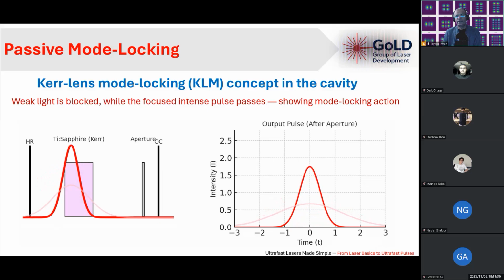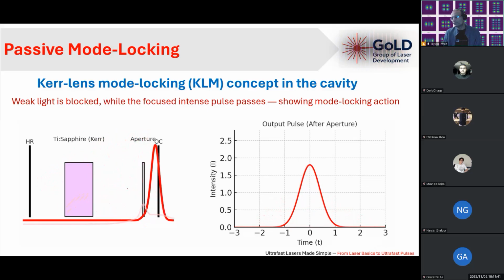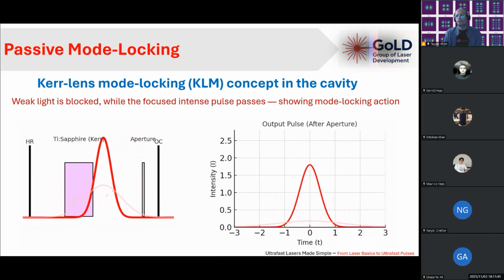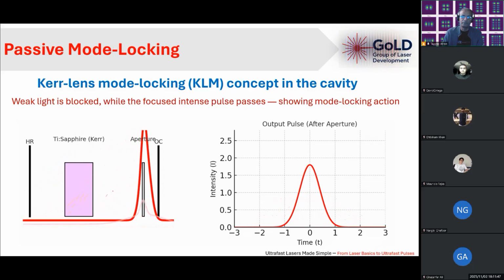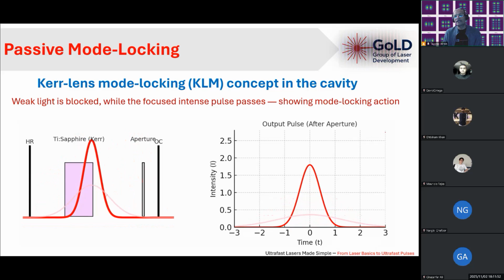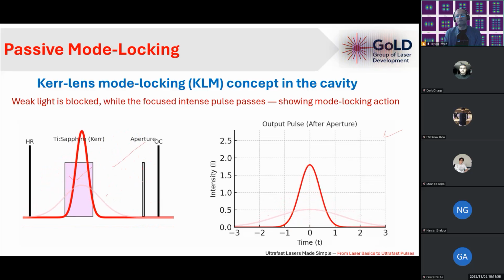You can see two pulses, two color pulses: one is red and the other is a faded, very dim red. On the right side, you can see the graphic pattern, and on the left side, the cavity.